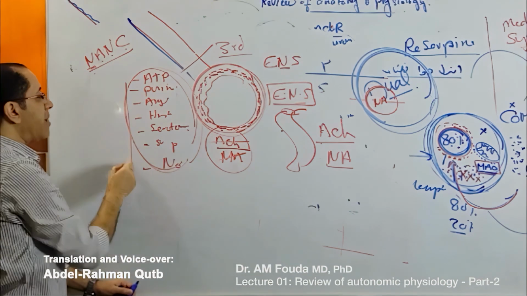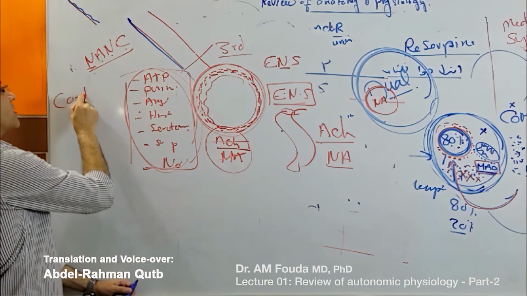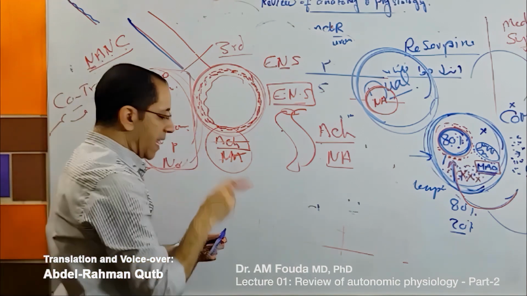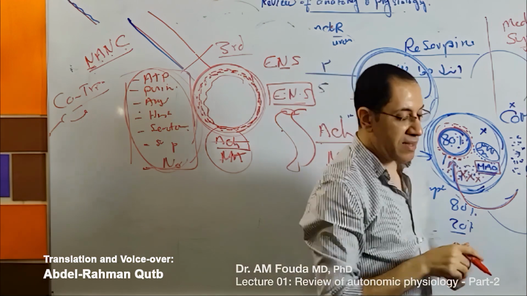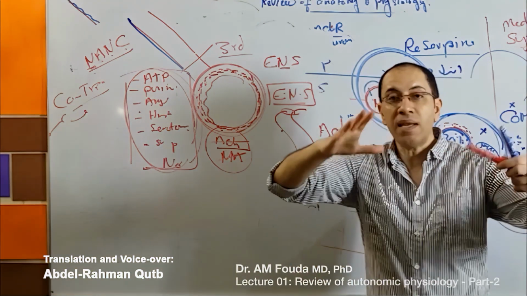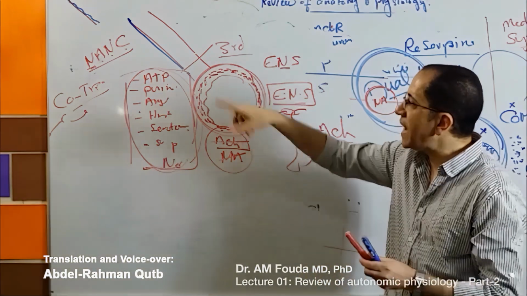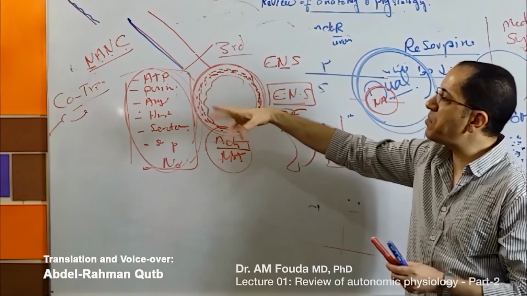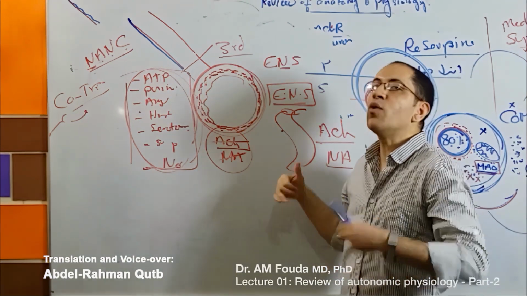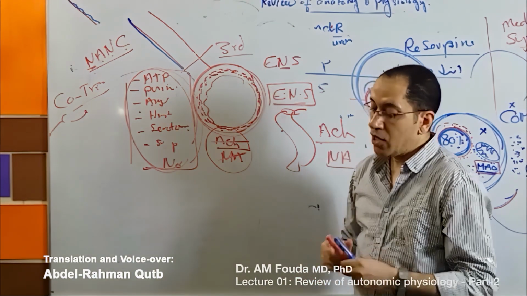These transmitters are termed co-transmitters. Co means cooperative, so these are cooperative transmitters, not primary transmitters. The basic autonomic control in our body is by either sympathetic or parasympathetic. Many organs have a local control system. This local control system is termed the NANC system. This NANC system is controlled through transmitters other than acetylcholine and norepinephrine, termed co-transmitters.